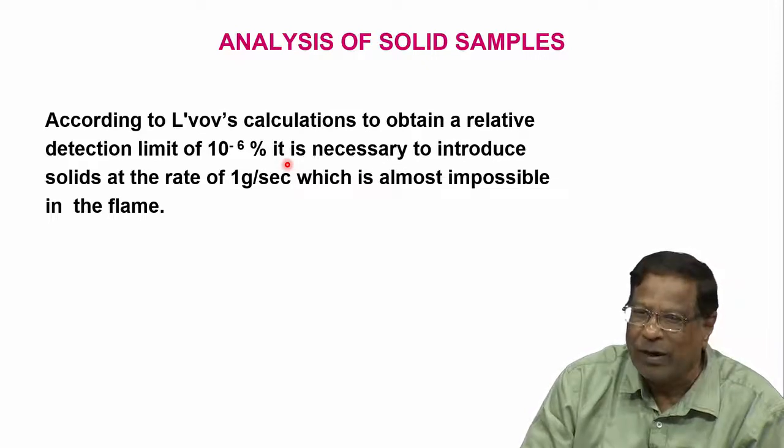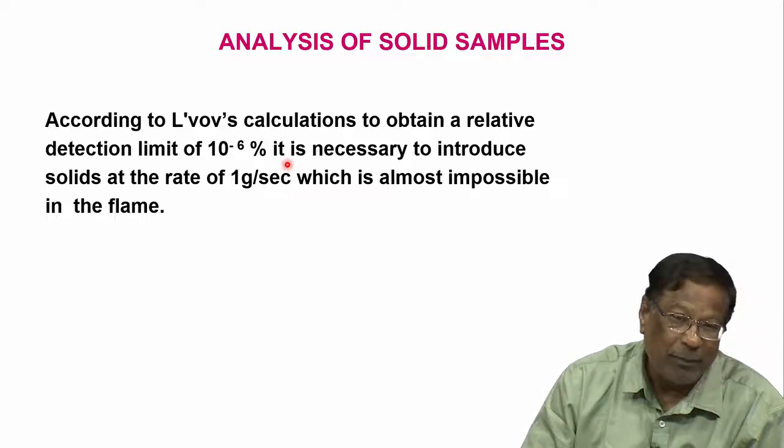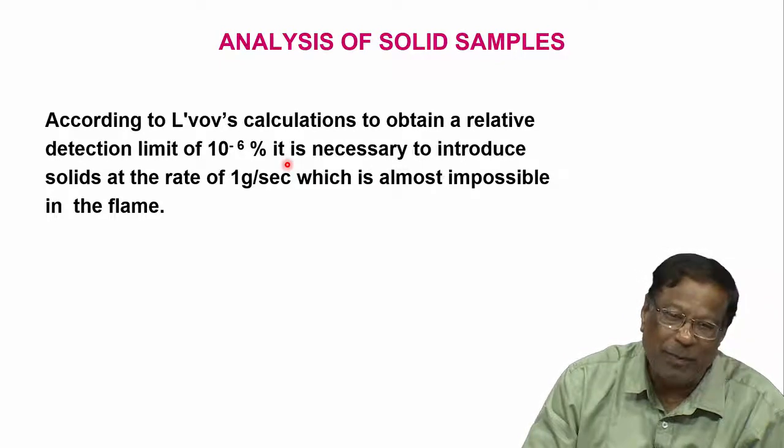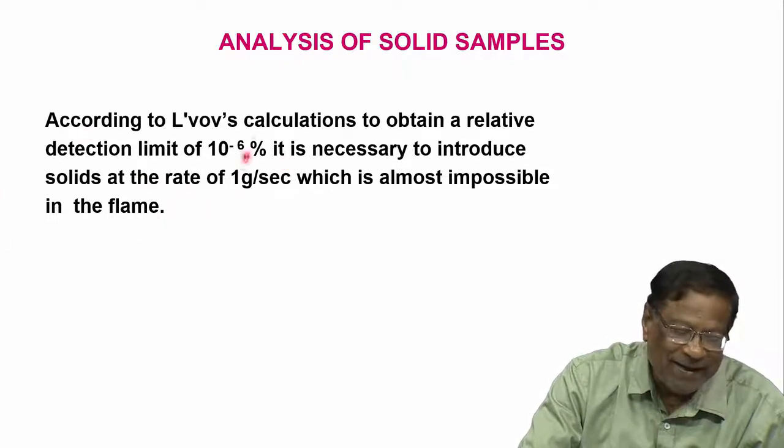But if it is a solid, you have to weigh it and then transfer the whole weight without any loss. That means you cannot use standard solutions, and standard solids you cannot use. So solid sample analysis is a slightly tricky situation.